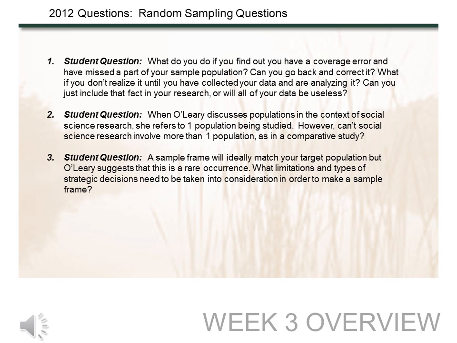All right, the last question here: a sample frame will ideally match your target population, but O'Leary suggests that this is a rare occurrence. What limitations and types of strategic decisions need to be taken into consideration in order to make a sample frame? On the next slide, I'm going to go into an example and answer the second half of this question. On the first half, what O'Leary's really talking about is that, as much as we strive for perfection and ensuring that every single member of our population is included in the sampling frame so that they all have an equal chance of participation, in the real world it just doesn't work that way.